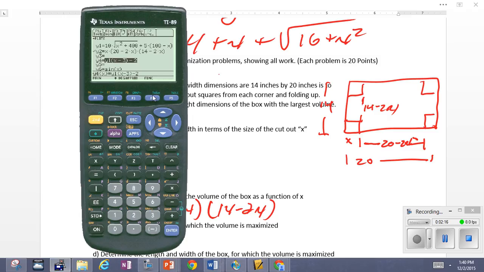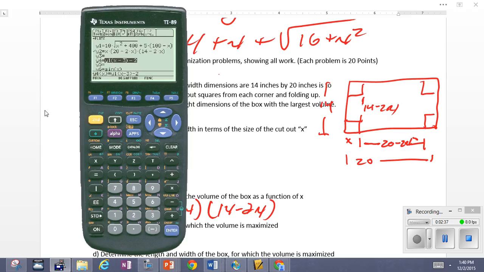We're going to go to our table set, and we will do the auto. We'll look between 0 and 7 for the high point. So we'll set this to begin at 0, increments of 1.